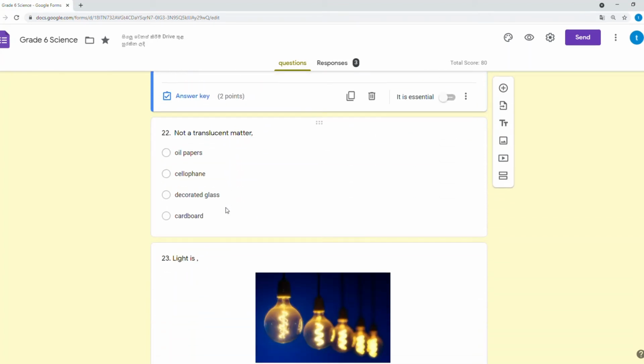Number 22. Not a translucent matter or substance. According to the way light passes through substances, you classify substances into three groups. If light really passes through, we call it transparent.